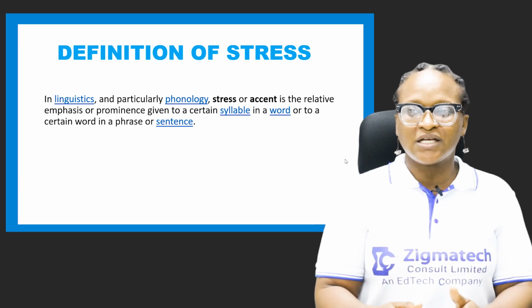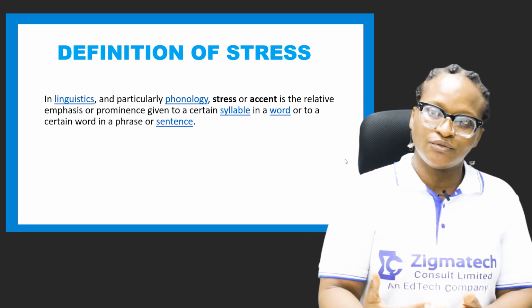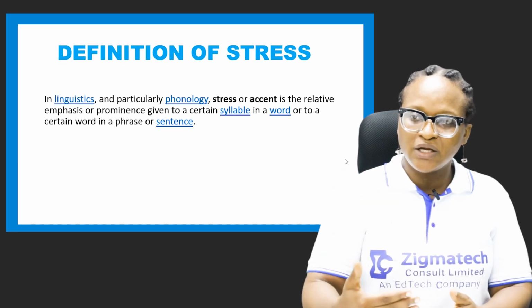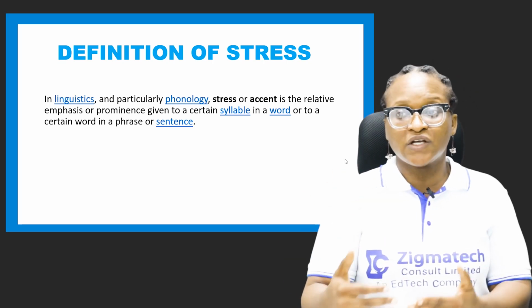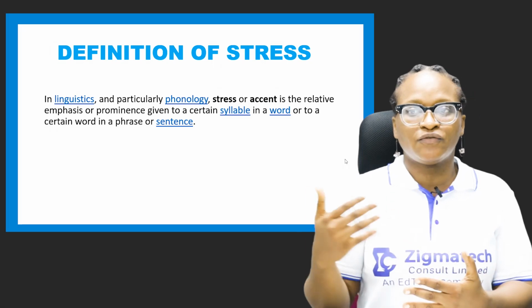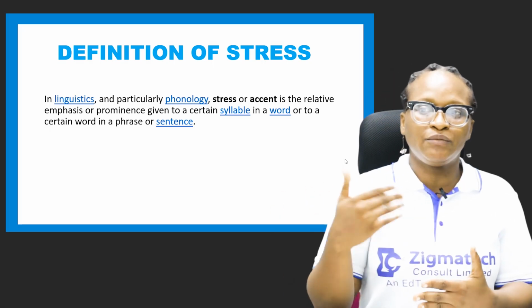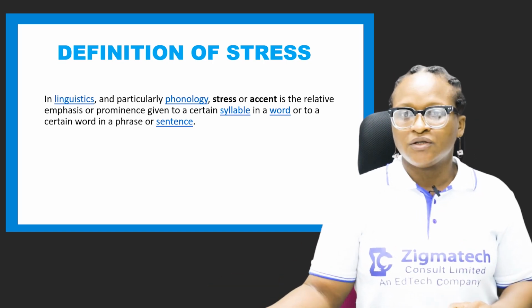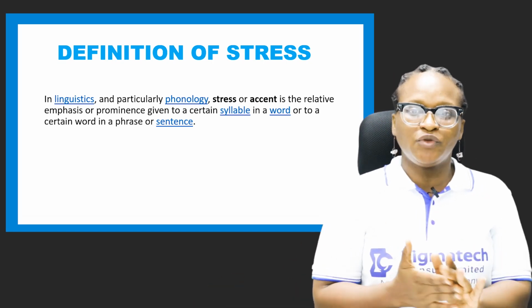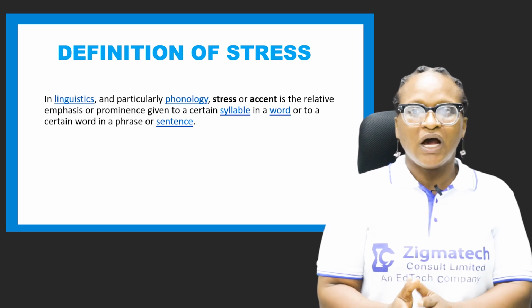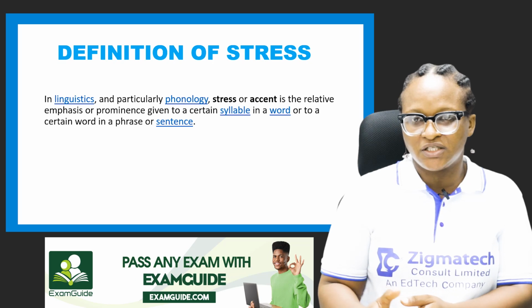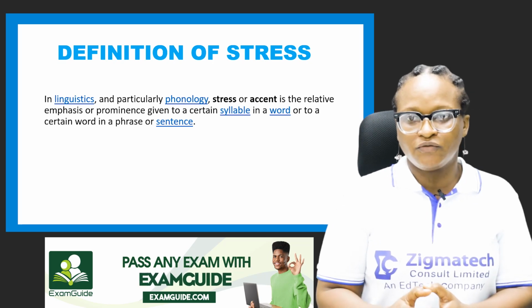So stress exactly is the exertion of energy on a particular syllable over the others. It can also be exertion of strength or energy on a particular word over the others. Looking at stress from the linguistic aspect, particularly under phonology, when we talk about phonology, we talk about phonetics, the right pronunciation of words.